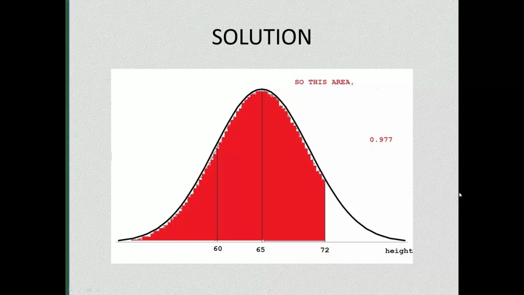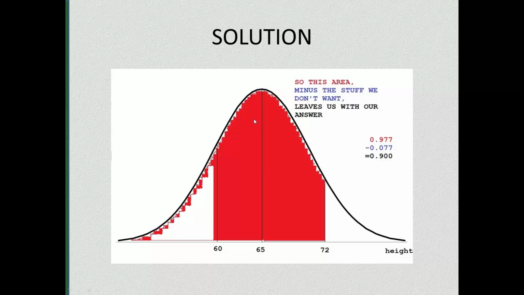We also found an area shaded in blue, this area here, for people who are 5 foot or less. So we're starting with the red shaded area, and we're going to get rid of the stuff that we don't want, the blue shaded area, and that leaves us with just this area here, 90%.